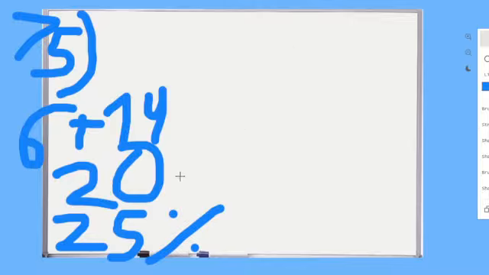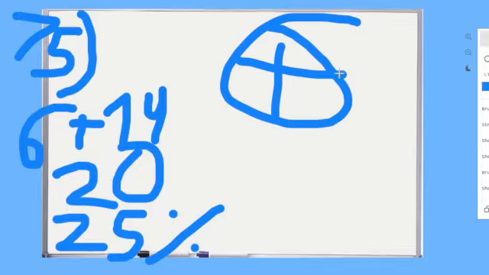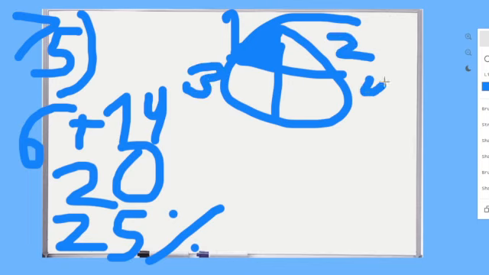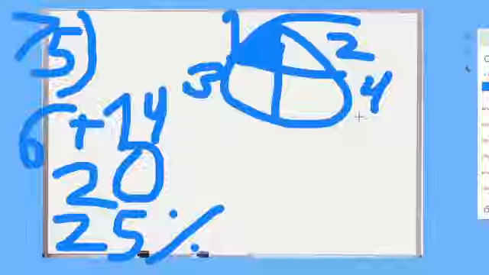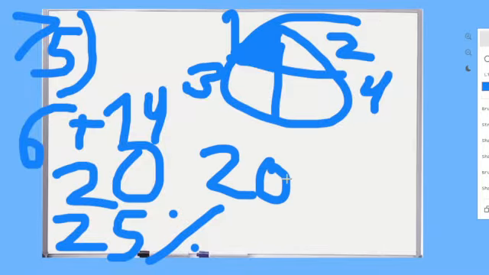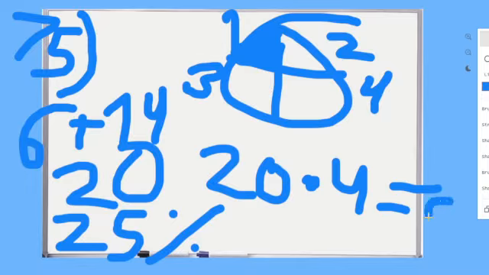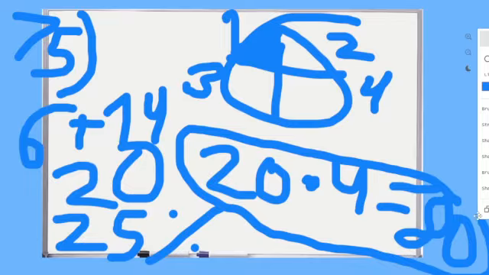And this is a quarter, which, by the way, would be like this part that's shaded in right here. So that's like 1, 2, 3, and 4, okay? So really it's just 20 times 4, which is easy. That's mental maths, and that is 80. So the answer to 75 is 80.